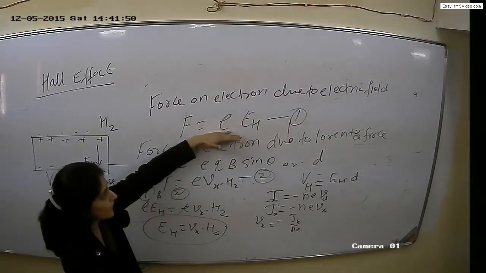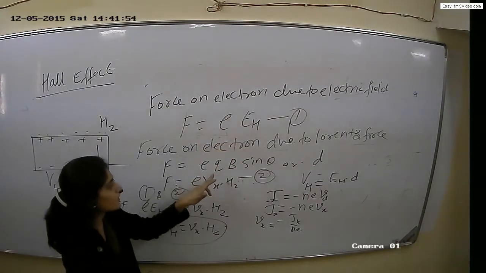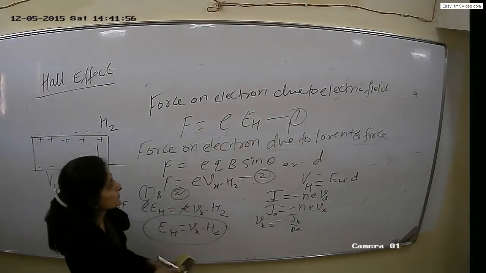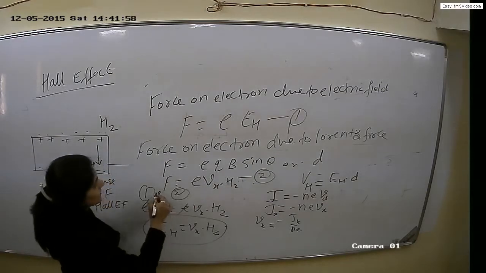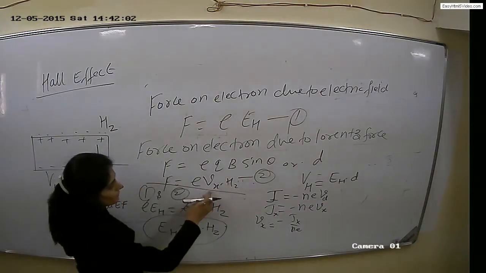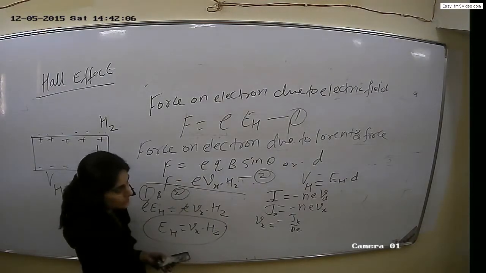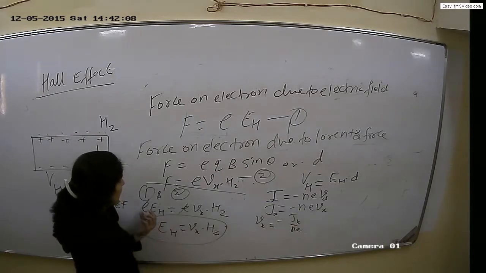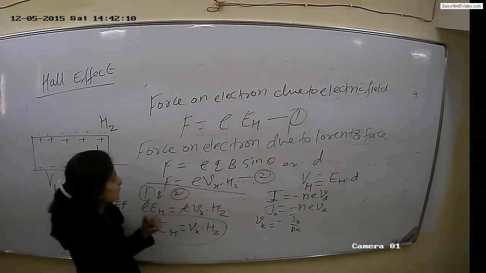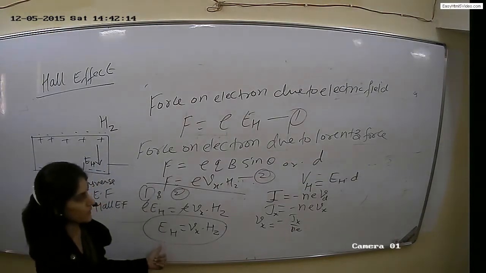First, the force acting due to electric field, it is e into EH. Second, force acting due to Lorentz force, it is F is equal to e Vx into Hz. Here Vx is the drift velocity, Hz is the magnetic field, x and z are the directions in which they are applied, and therefore comparing 1 and 2, both the forces, we will get the relation for Hall electric field.